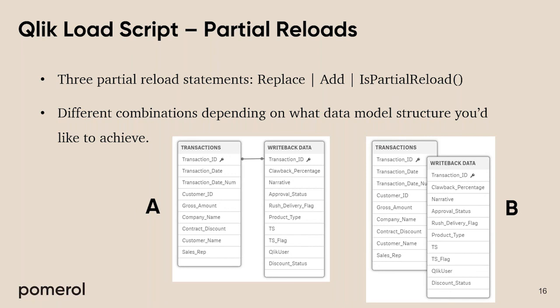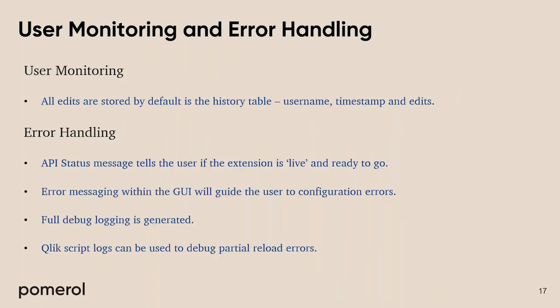In terms of user monitoring and error handling, the user monitoring piece is really what I've just showed you there. We can see all of those edits that all users have made over time. We can audit those and track those. In terms of error handling in the extension itself, we've got status messages within the GUI, within the pop-up, that tell us whether the writeback extension is live and ready to write back to that SQL database.